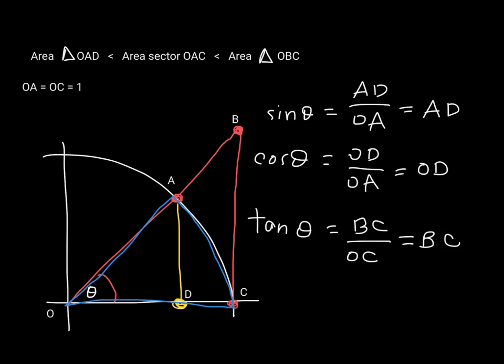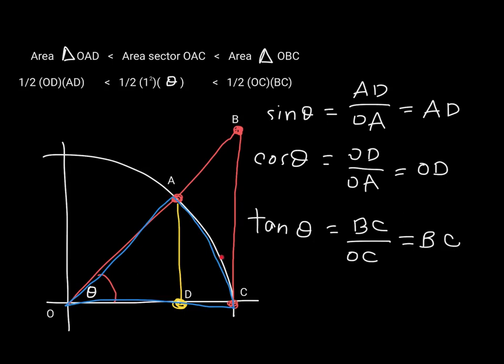So this triangle here, OAD, which is the smaller triangle, has area 1/2 times the base, which is OD, times the height, AD. So I have half OD, AD.